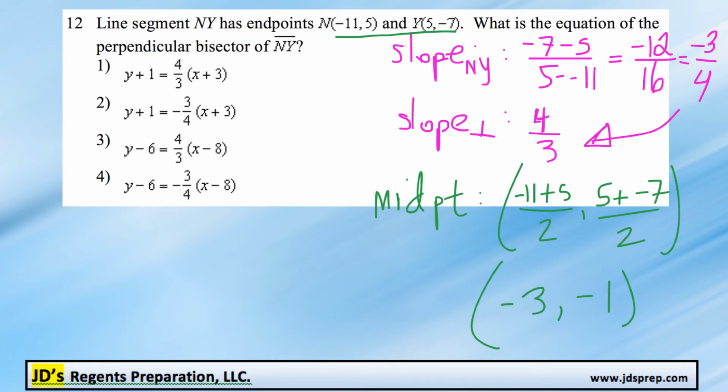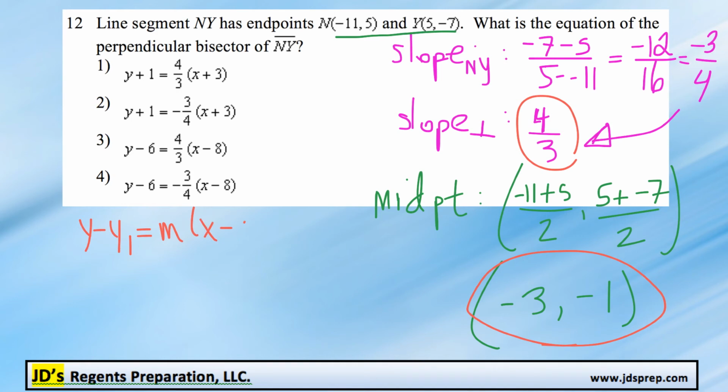Now, because we know the slope and a point on the line, we can utilize the point-slope format of a line, and that is y minus y1 equals m times x minus x1, where m, of course, is the slope, and x1, y1 represent the point that we know.